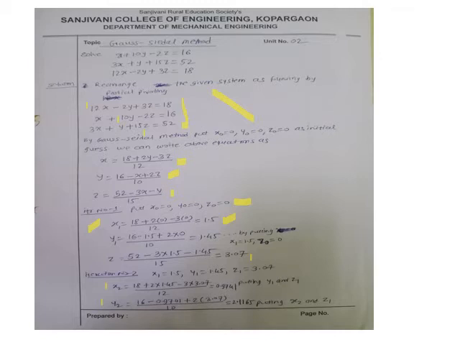Here we observe that while calculating x2, you put the values of y1 and z1, that is the values of the previous iteration. While calculating y2, you take the value of x2 and z1.